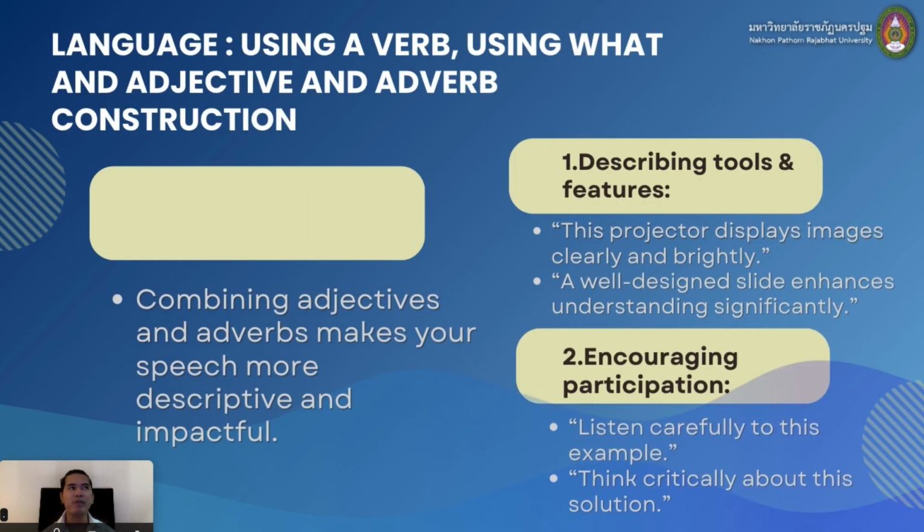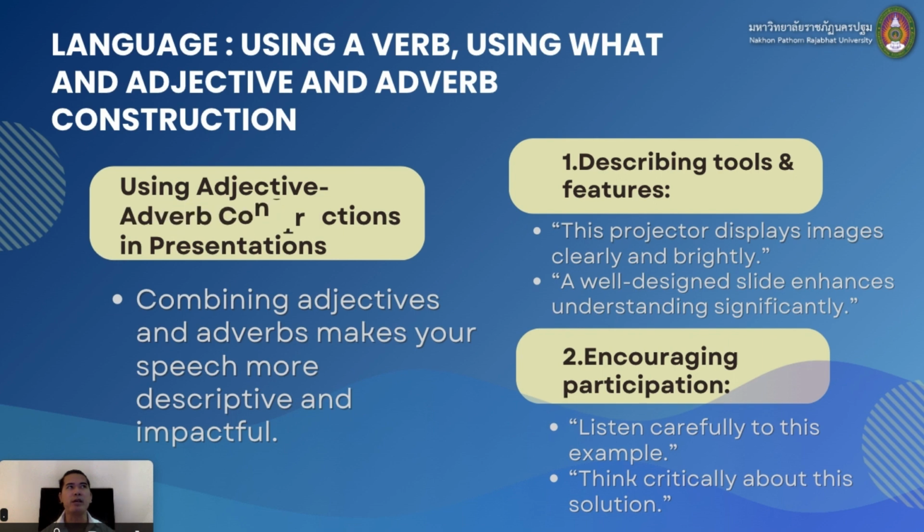So next is the adverb and adjective. In any presentation or public speaking, when you talk to people, it is very good to hear adverbs and adjectives used together, because this not only helps you express your idea in the presentation, but also lets you give the audience an impact in describing your slides or the idea of your presentation.